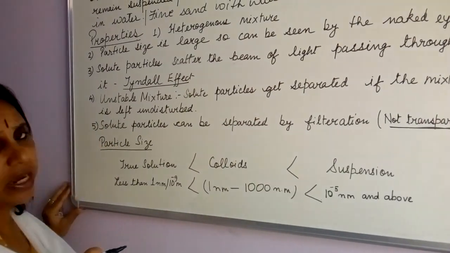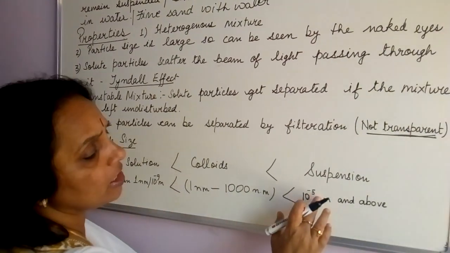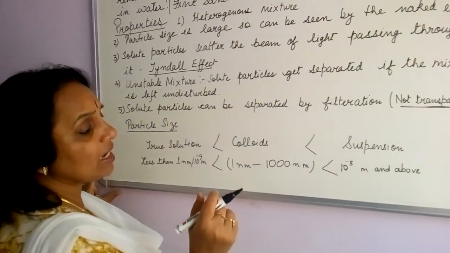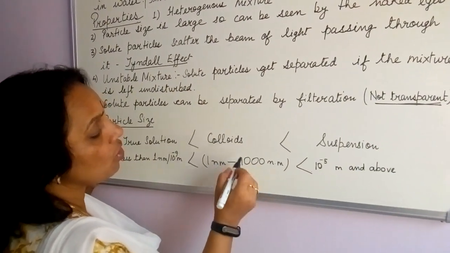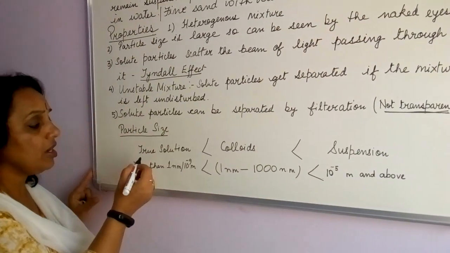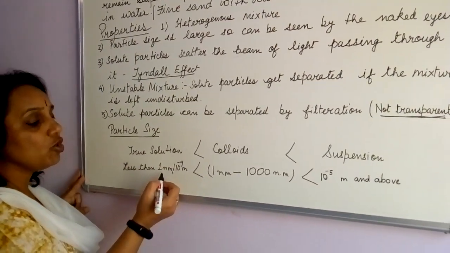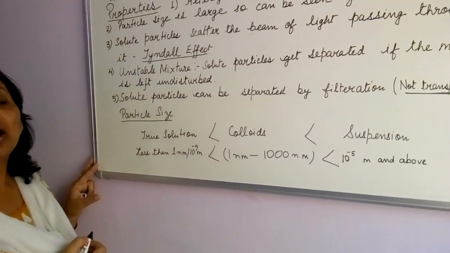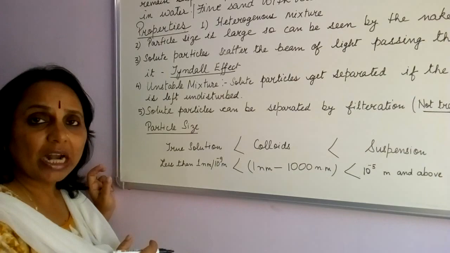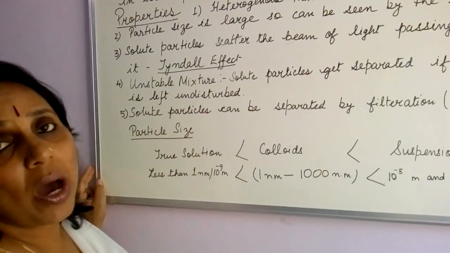Sorry children, this is 10 to the power of minus 5 meter, not nanometer. Is that clear? The colloids show a size range of 1 to 1000 nanometer, whereas in true solutions, the solute particles are less than 1 nanometer.